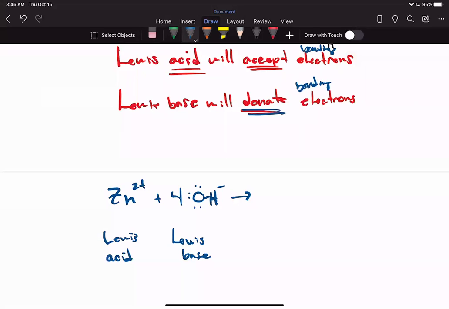And what do we get from this reaction? Well, we're going to get zinc, and it's going to take one bonding pair of electrons from each one of those. Anybody want to guess the charge here? There is a charge on here.